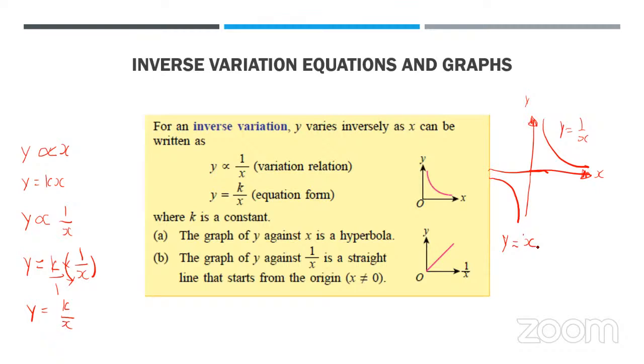So basically what we're doing here is using the x-axis, but replacing it with 1 over x. If you learned maths, you'll recall the equation y equals mx plus c. What you're basically doing is keeping y on the y-axis and replacing x on the x-axis with 1 over x.